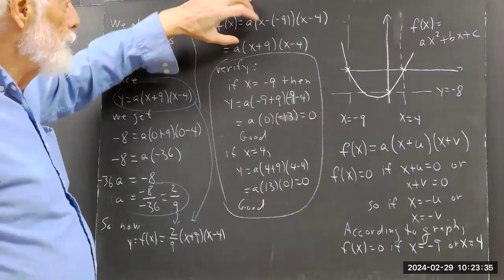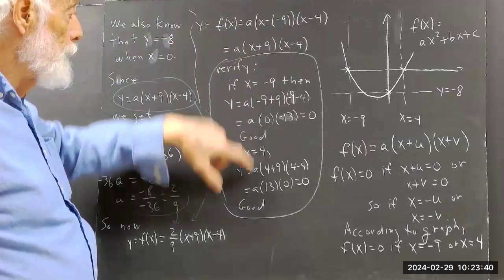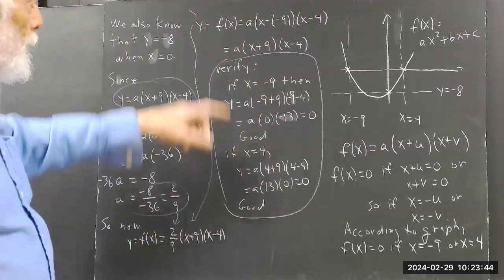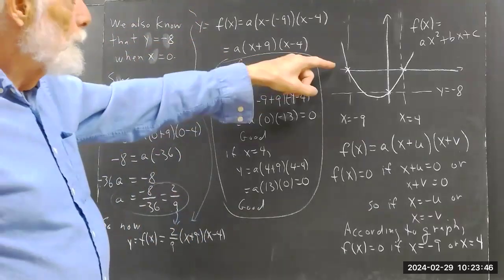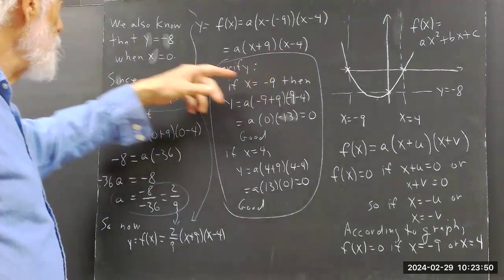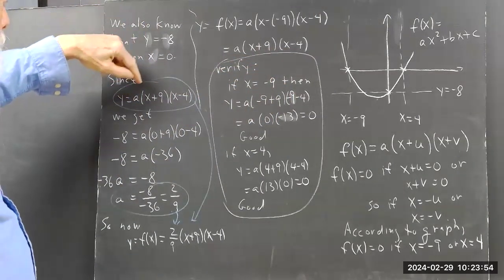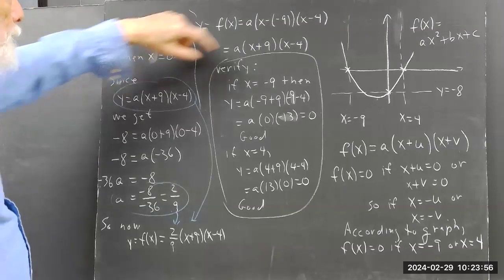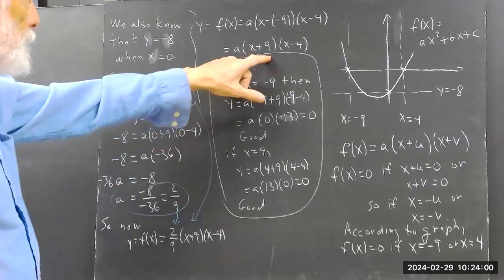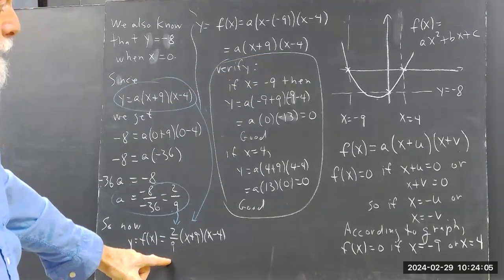We can simply write this down, and it helps to verify it, so we can see for sure that this does give us y equals 0 for x equal to both of these numbers. And then we just use the fact that y is -8 when x equals 0, plug it into this form, solve for a, and then write this in terms of a.